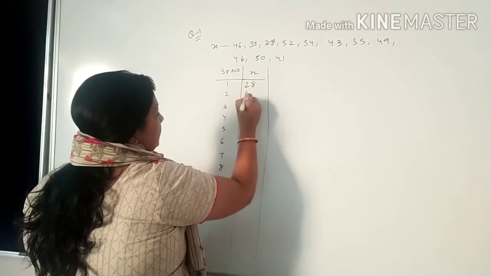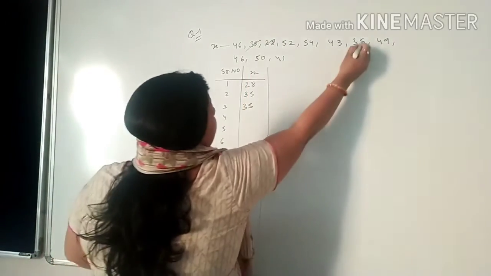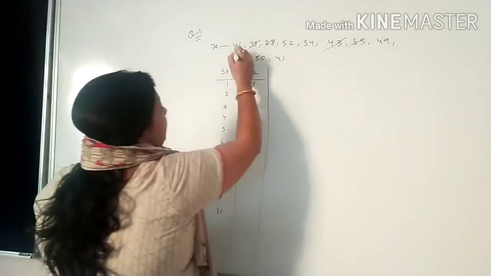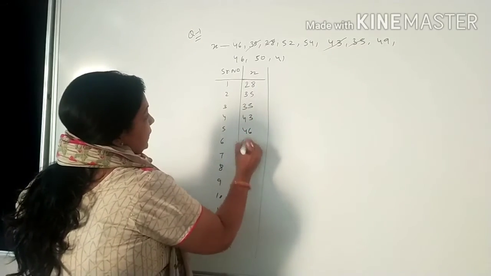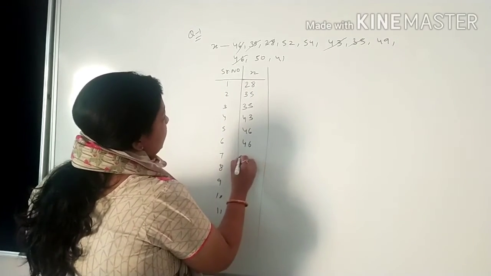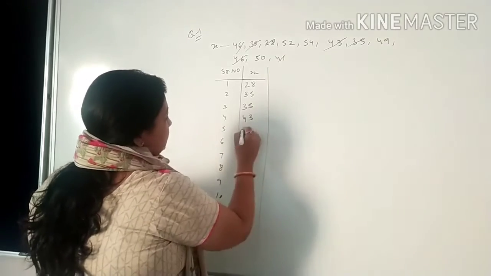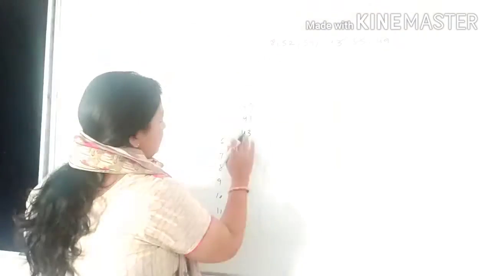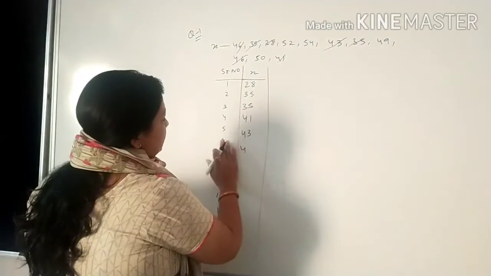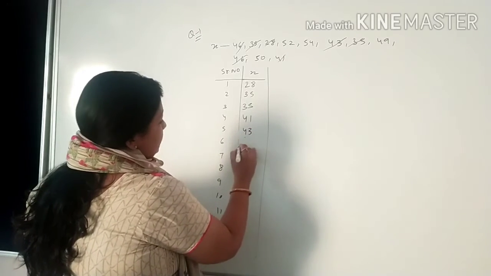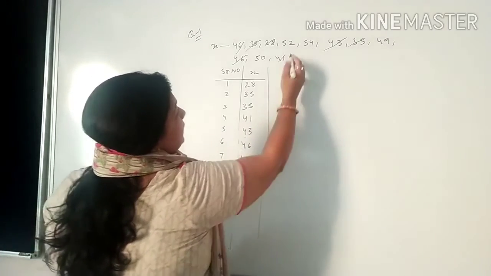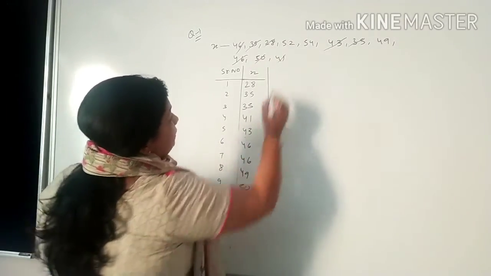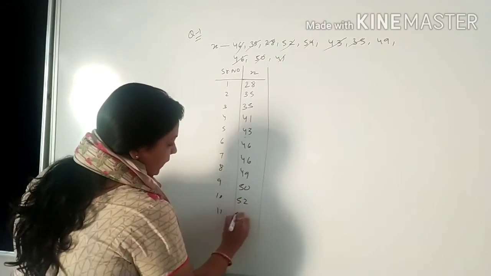So 28, then 35, 35, then the 40s series: 41, 43, 43, then 46, 46, then 49, 50, 52 and 54.